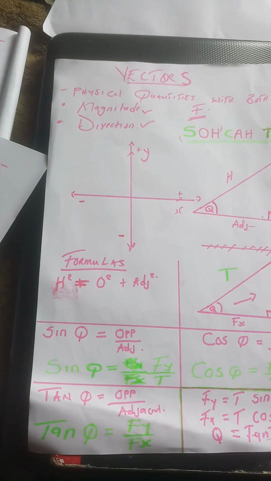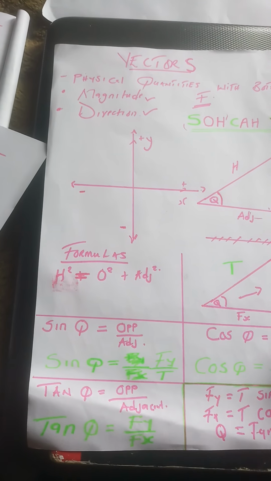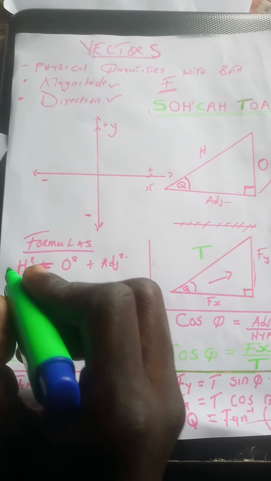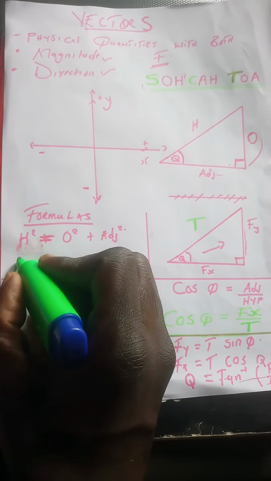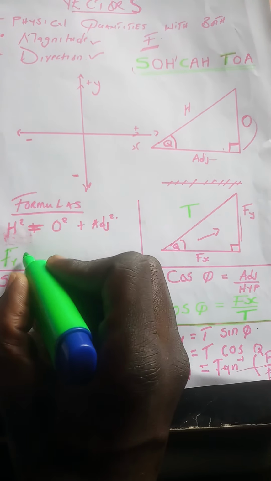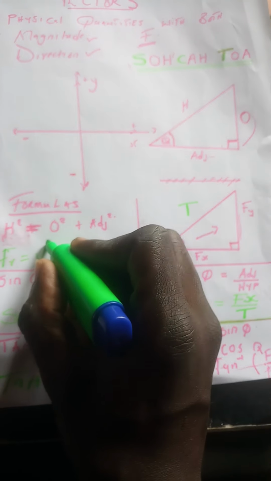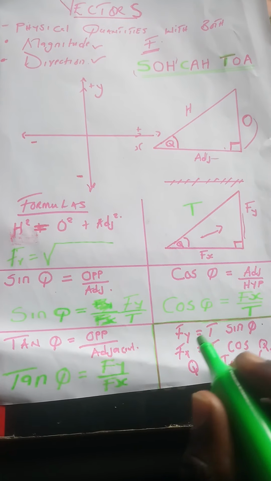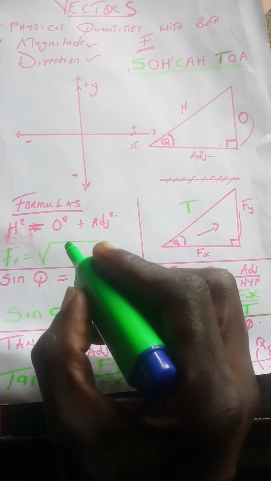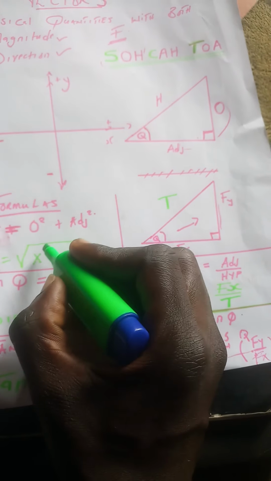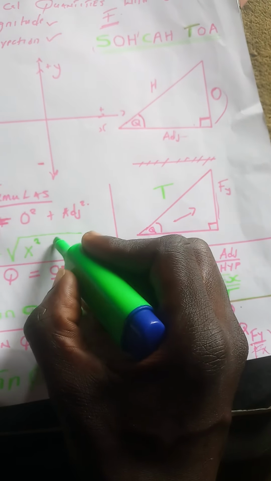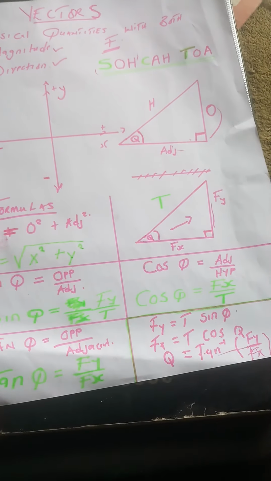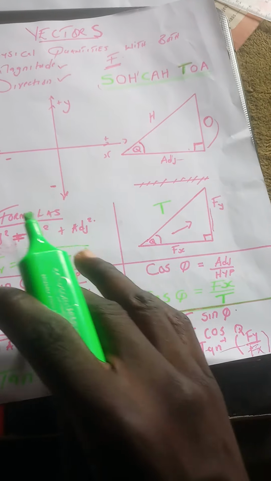Basically that's how we find the magnitude of the resultant force. So the formula will be F, the resultant force, is equal to the square root of the x components squared plus the y components squared. That's how you find the magnitude.